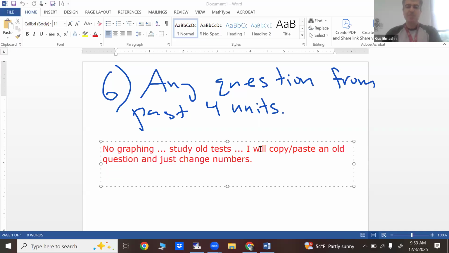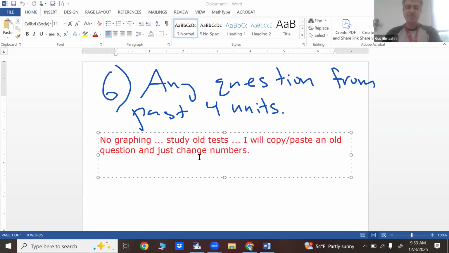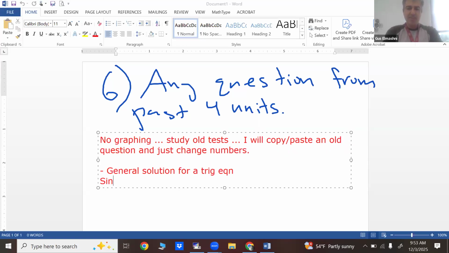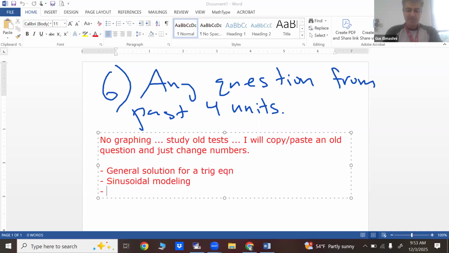What was your trig? It could be a general solution for a trig equation. Sinusoidal modeling.